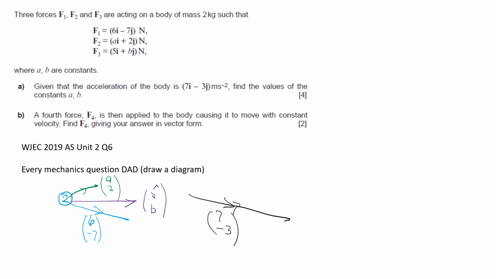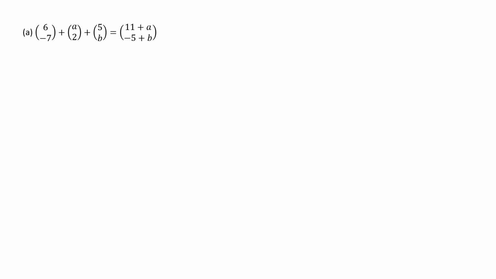And the other thing I've got is that my acceleration is in the form 7i minus 3j. So I can tell that I've got them in roughly the right sort of directions. So simple addition will do the job for me.